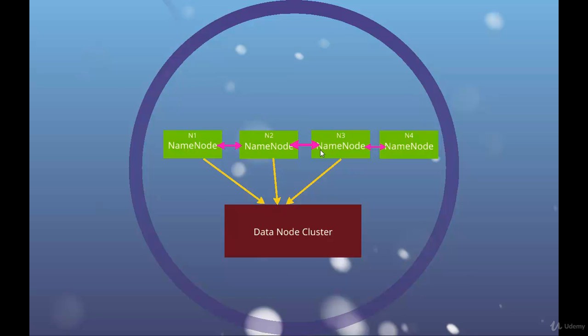because the rule number 1 is, before we go to scalability, what is the problem we saw? As we saw with availability, right? The name node has to be available. So in order to be available, we need to find out of these 4 machines, N1, N2, N3, N4, which can be available for a longer period of time.